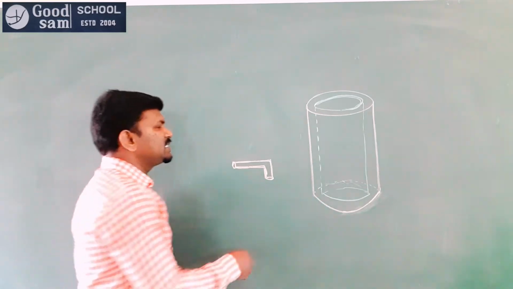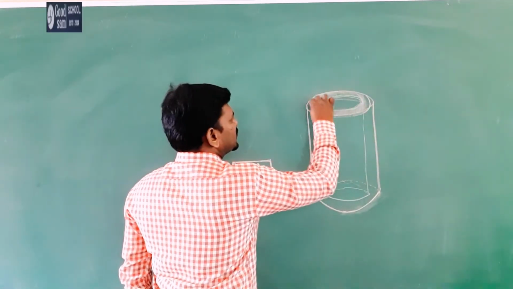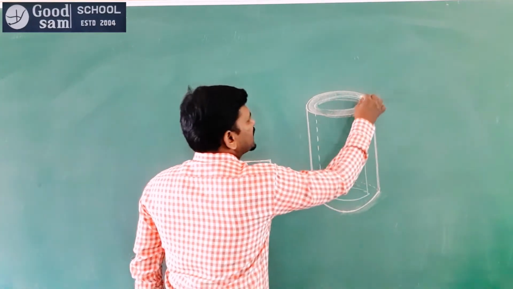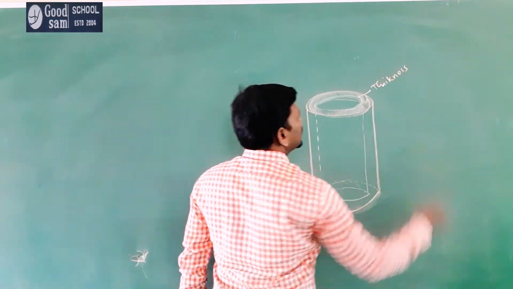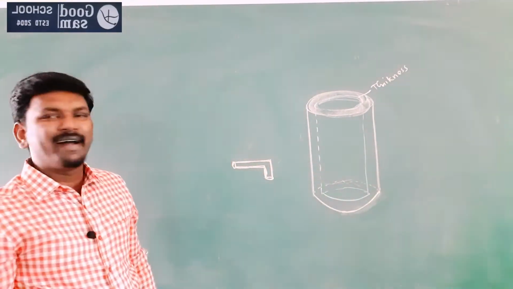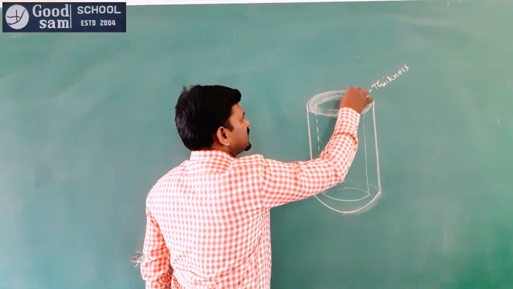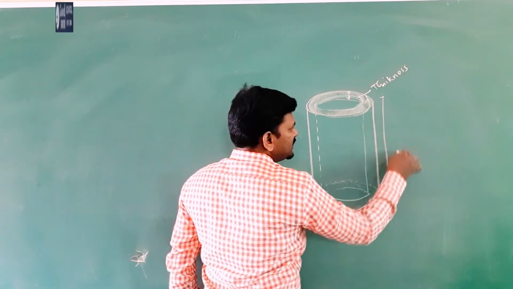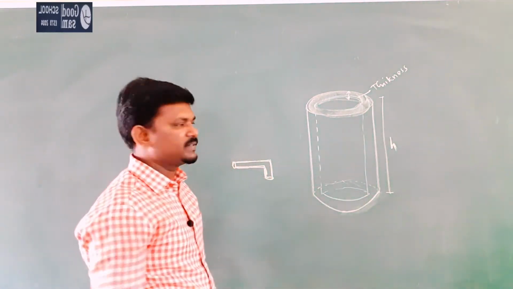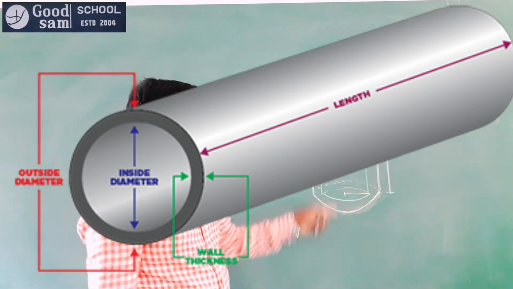This is called the thickness of the hollow cylinder. So this is thickness, and as usual this is height, and the height is the same, but there will be two radii.